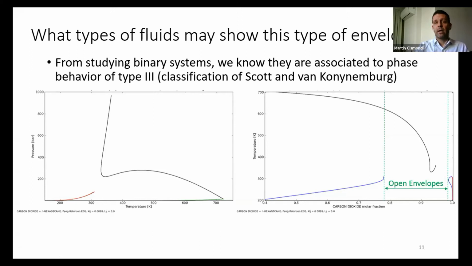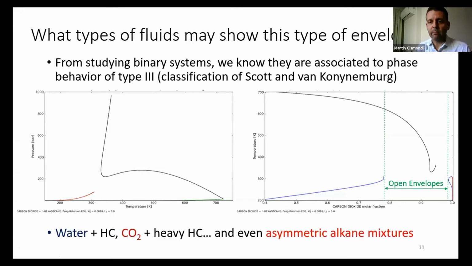But so far, I didn't mention an example besides CO2 hexadecane, but there are more cases. Where do we see this in reality? Water and hydrocarbons are known to show type 3 phase behavior.